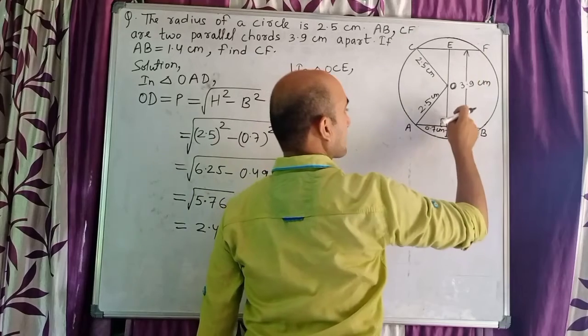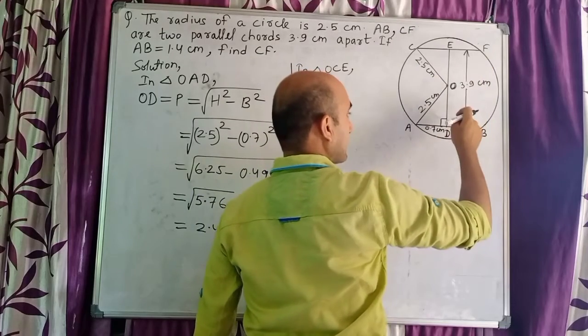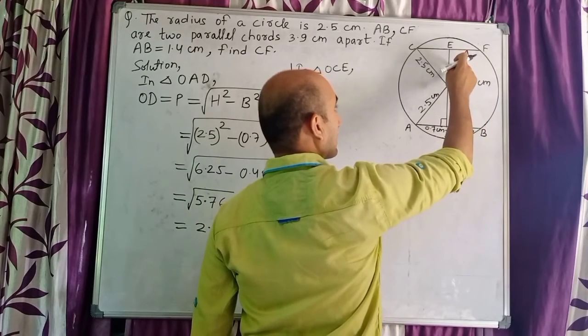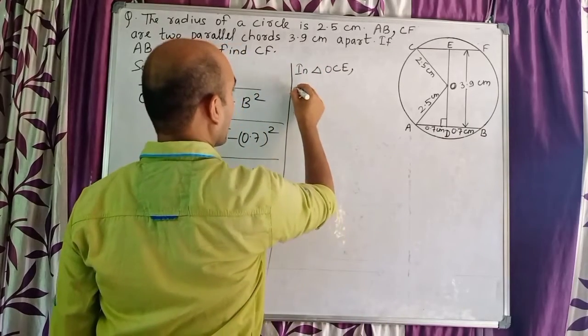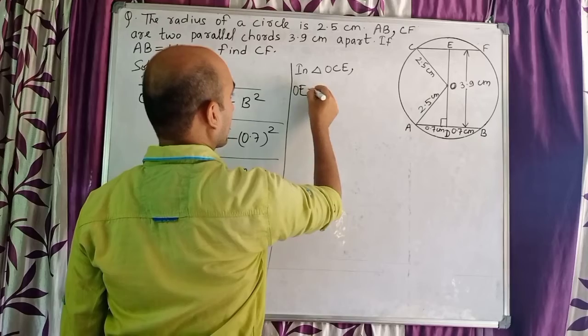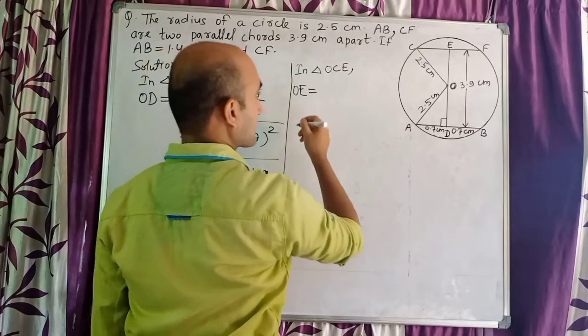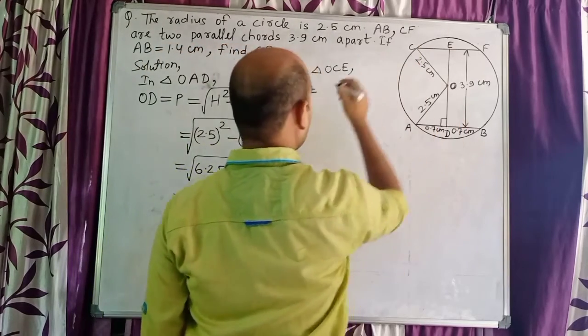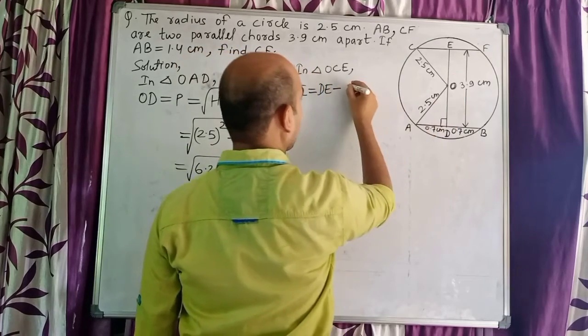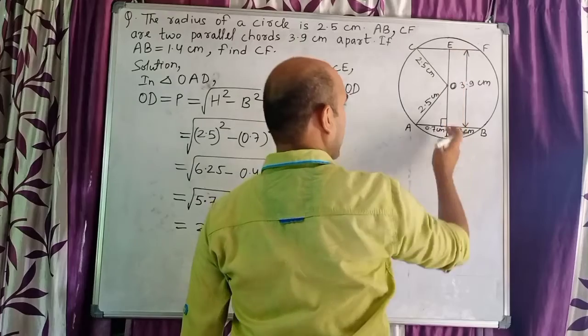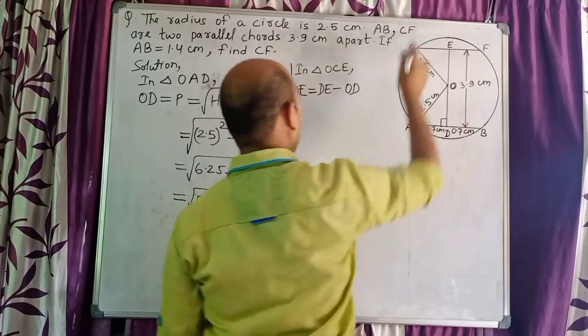So 3.9 minus 2.4, this value we will get. So what do you write? In this figure, OE is DE minus OD. Everything minus OD is equal to OE.